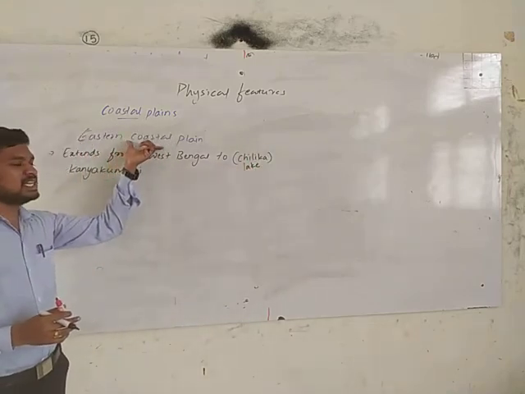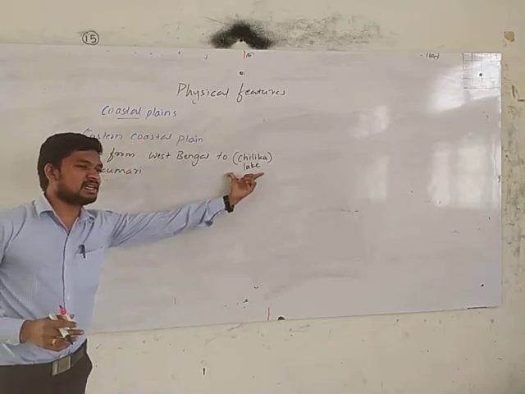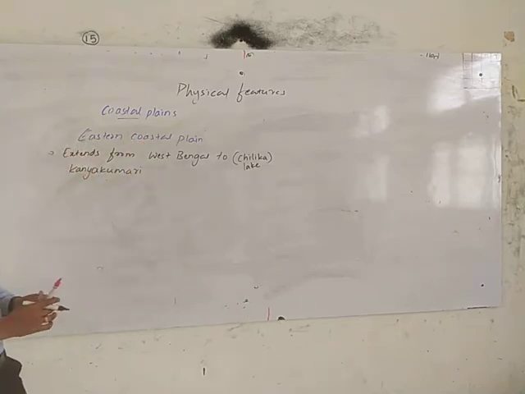So this eastern coastal plain extends from Chilika Lake to Kanyakumari.